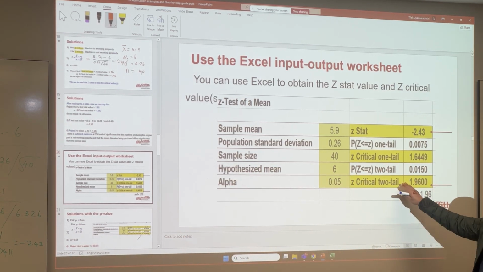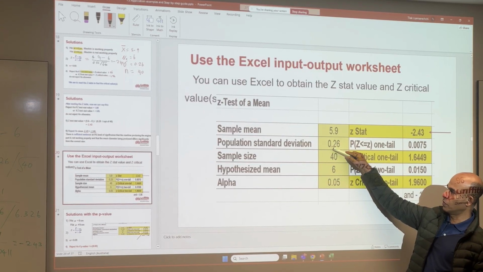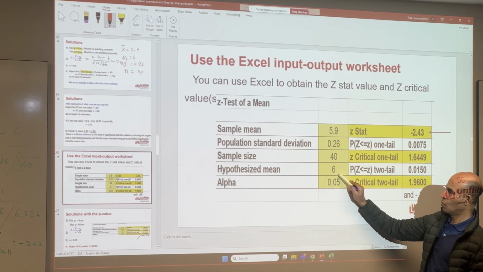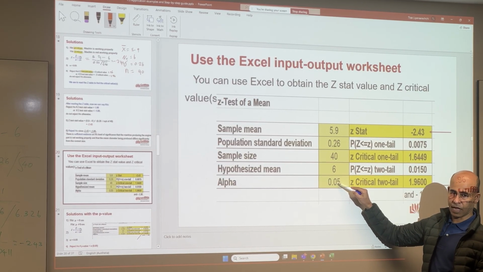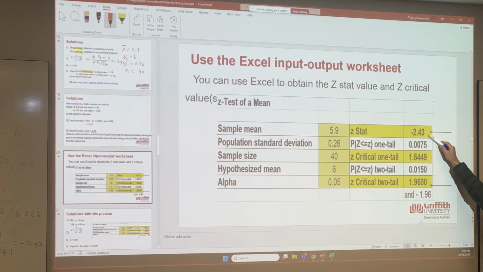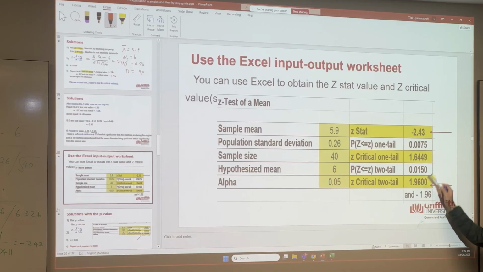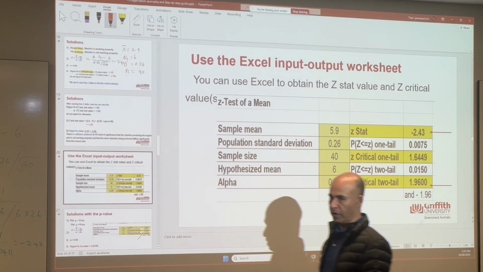You only have to put in the sample mean, the population standard deviation, your sample size, your hypothesis value, and alpha. Then Excel will give you the Z statistic. Compare it with the critical value, and you will know whether you are going to reject or not. That's all you have to do.